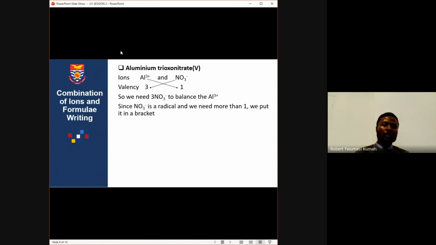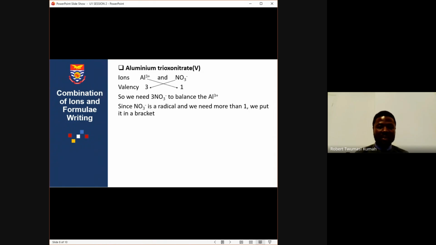So Al3+ as against NO3-. If we decide to cross them, then the 3 that we have for aluminium will come to the nitrates, and what we have for the nitrate, which is the one, will go to that of the aluminium.